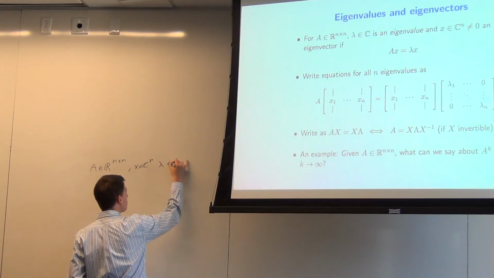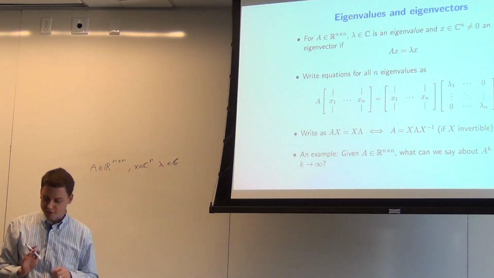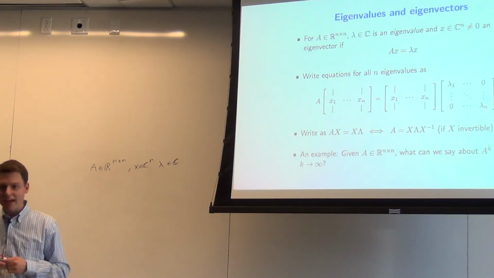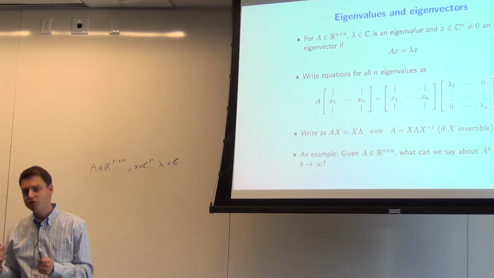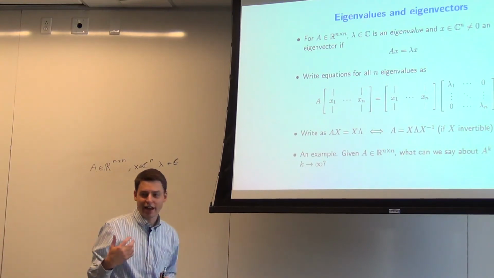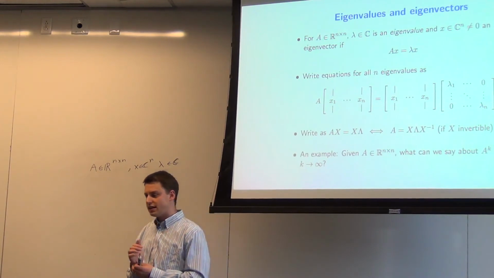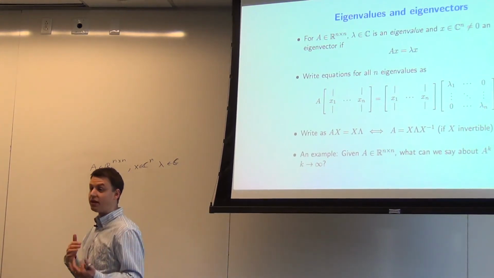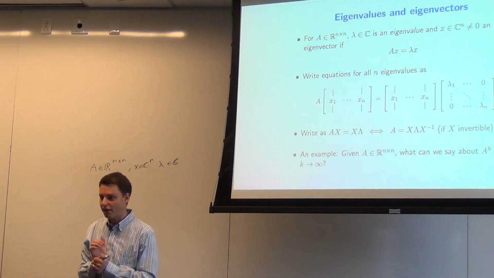I won't prove this, but for an n by n matrix, there are at most n different eigenvalues and n different eigenvectors. It's possible that sometimes these can be repeated. You could have the same eigenvector or the same eigenvalue.